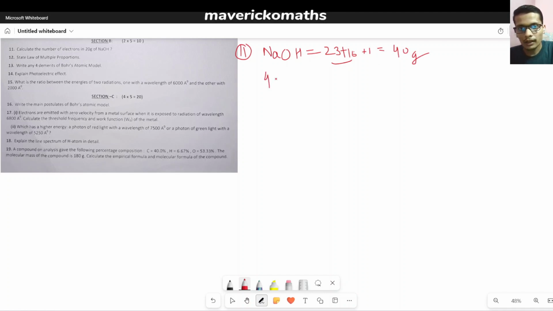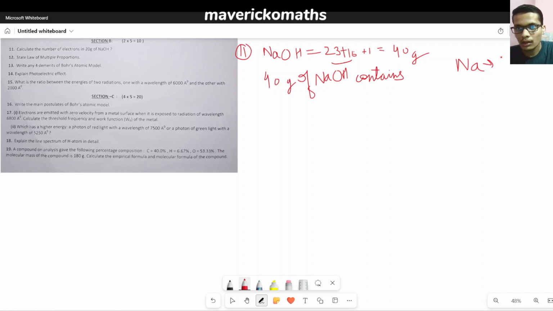So simply we will write here 40 grams of NaOH contains how many electrons? See, Na. There is only one Na. Na contains how many electrons?